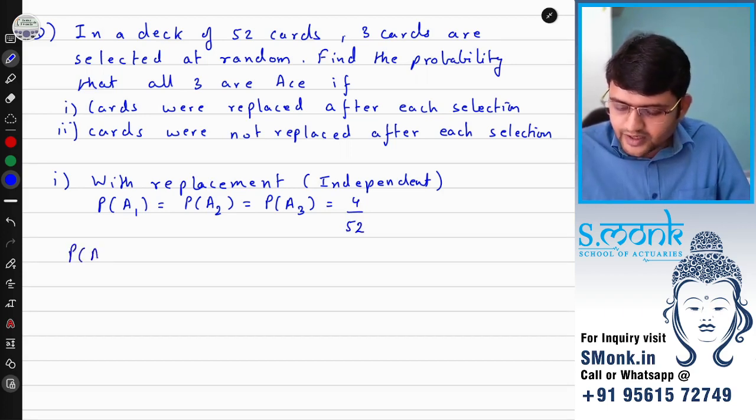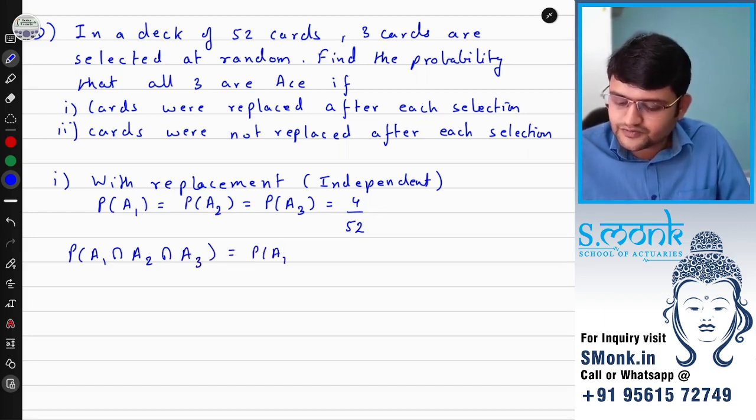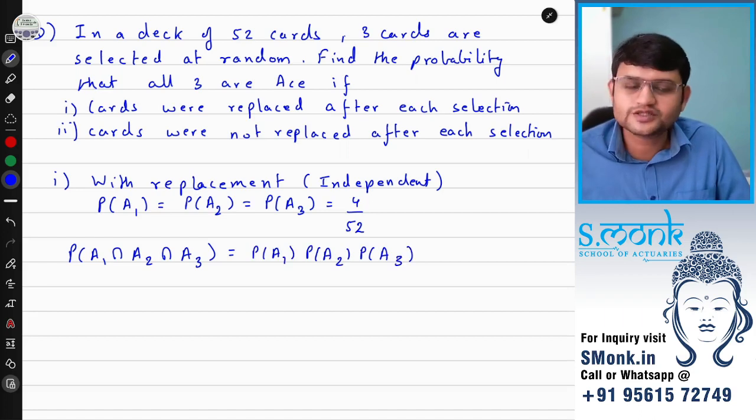And the probability that I got an ace in the first card, second card and third card will just be the probability of ace in the first card times the probability of ace in the second card times the probability of ace in the third card, because they are independent of each other.